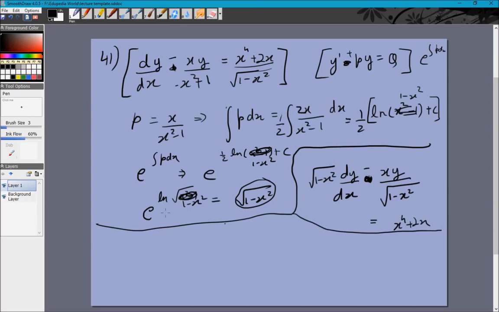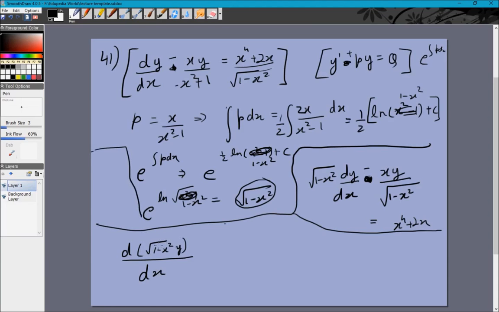And the whole point of using this concept of integrating factor was to be able to write the LHS in the form d of root of 1 minus x squared times y by dx. See, what is this term? First it will be root 1 minus x squared times dy by dx. Then it will be y times the derivative of root 1 minus x squared. What will that be?